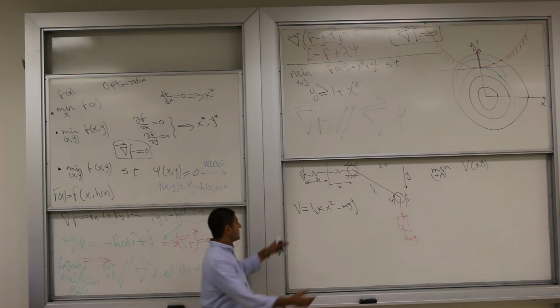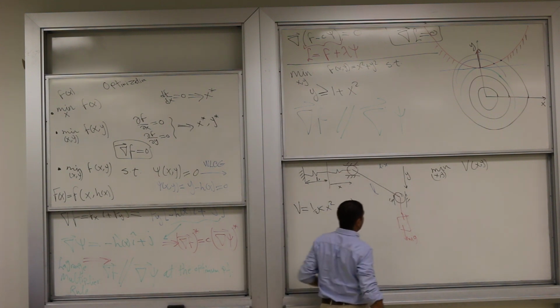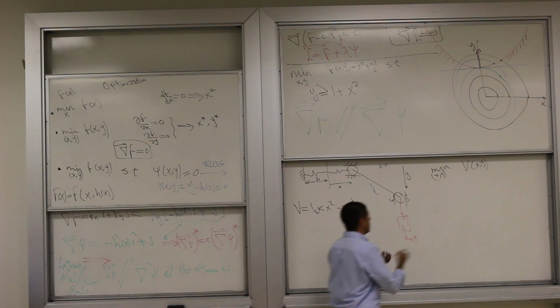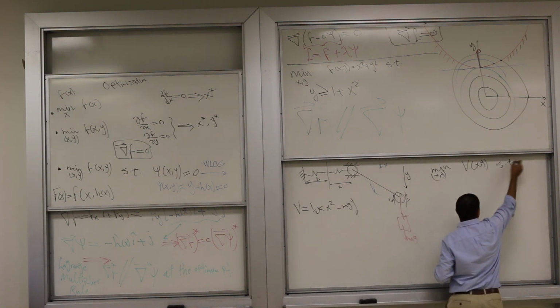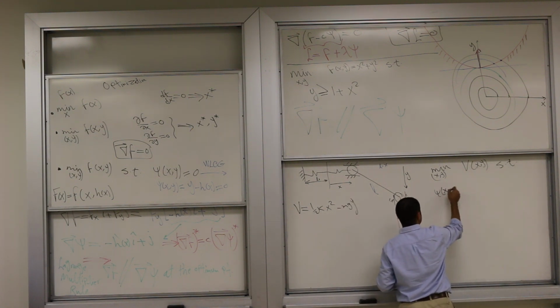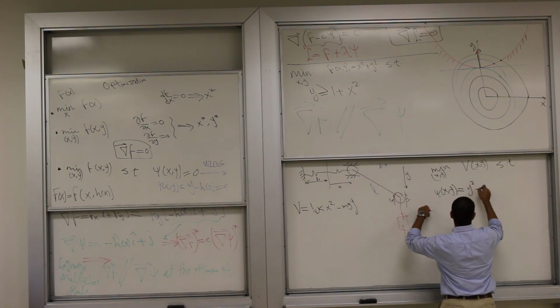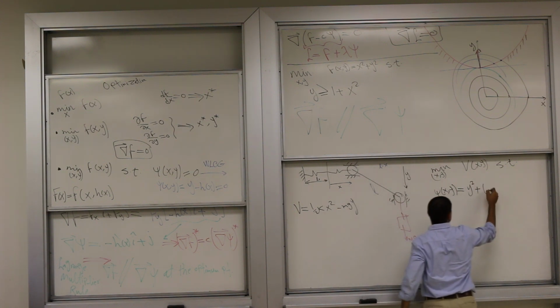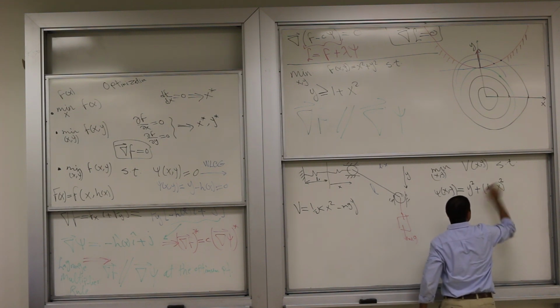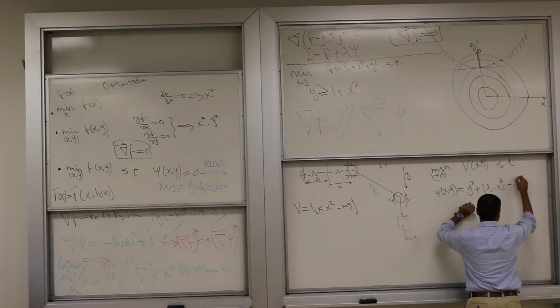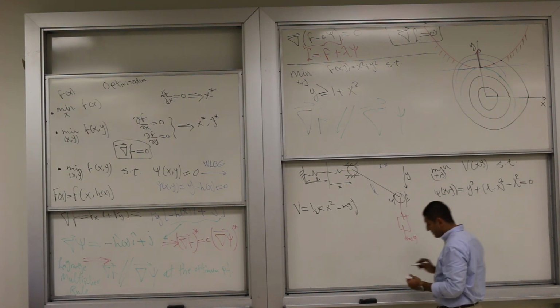No, because they are constrained by this fixed length guy. So actually, this problem is subject to a constraint, which is y squared plus this distance squared, which is L minus x, squared. This square plus that square equals L squared, which means y squared plus (L minus x) squared minus L squared equals 0, right?